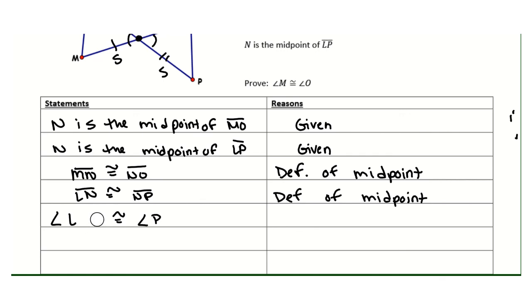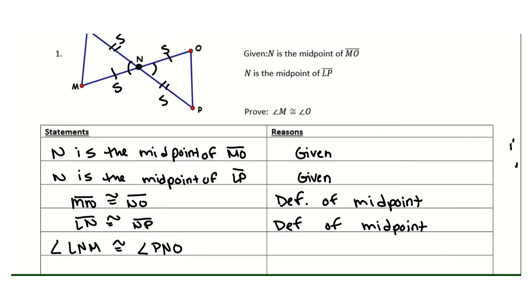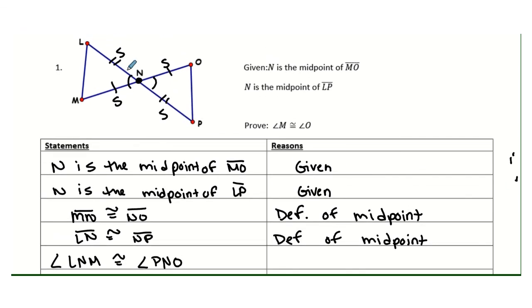N needs to be in the middle because that's the angle that I'm talking about. LNM is congruent to PNO, or that angle, not triangle. So what I'm saying is it's easier if I could see my picture. This angle right here is congruent to this angle right here by the vertical angles theorem.